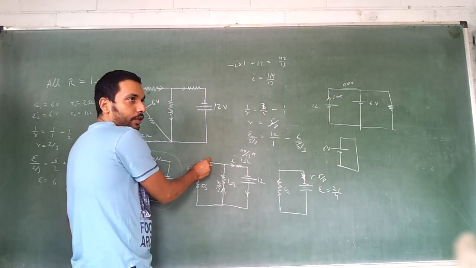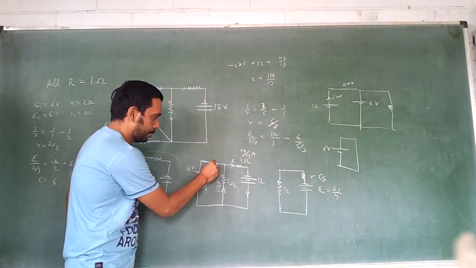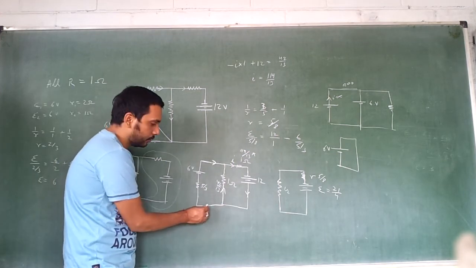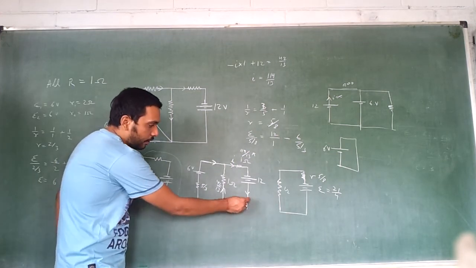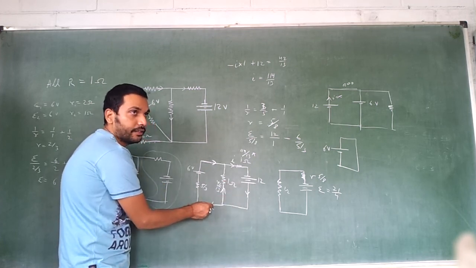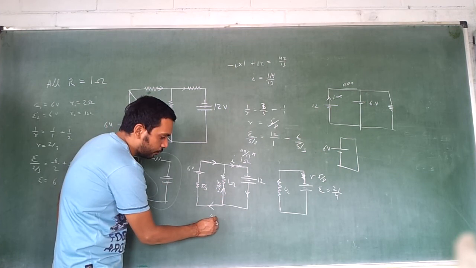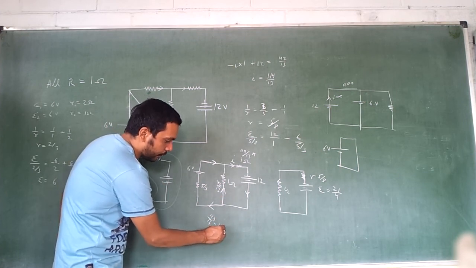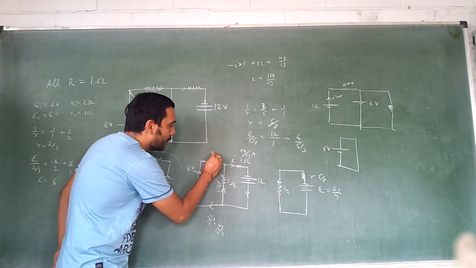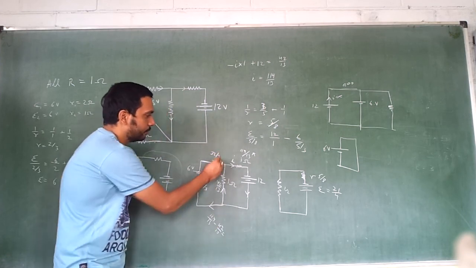Hence, how much is flowing over there? 114 by 13 goes in this and this, right? So how much is this? 114 by 13 minus 42 by 13. This is 72 by 13.